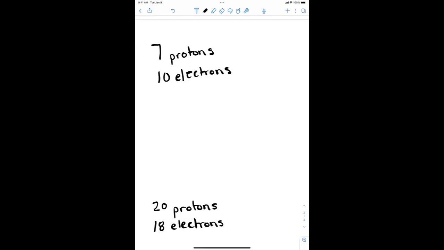So in this first example, we're looking at an ion that has 7 protons and 10 electrons. The first thing we need to do is figure out what element I'm talking about. Well, by definition, the atomic number is equivalent to the number of protons that an element has.